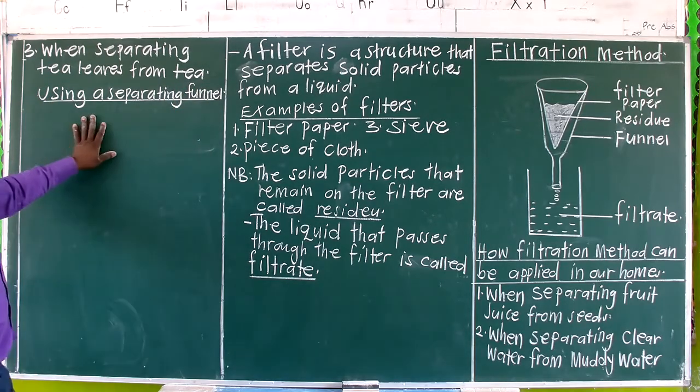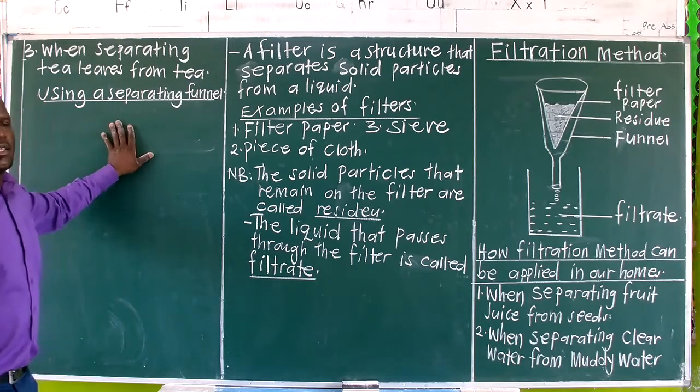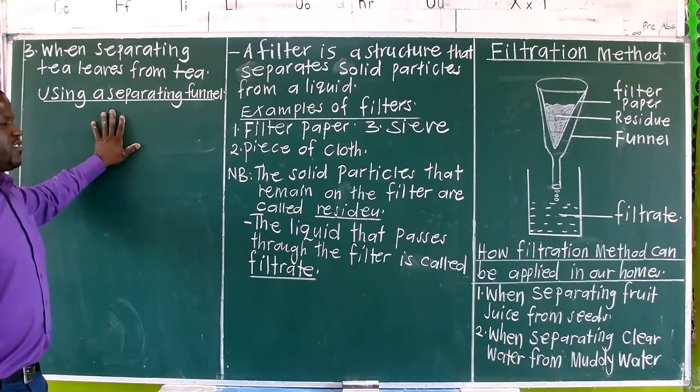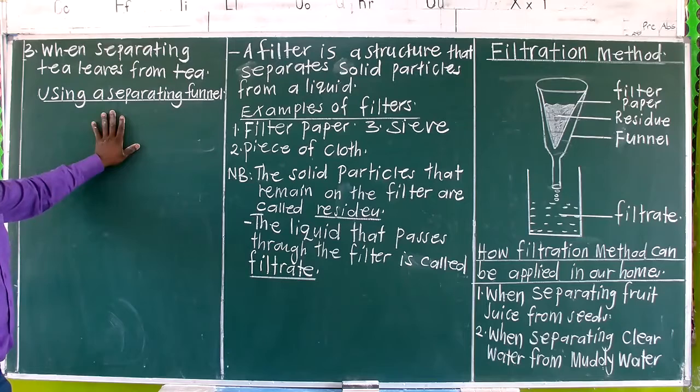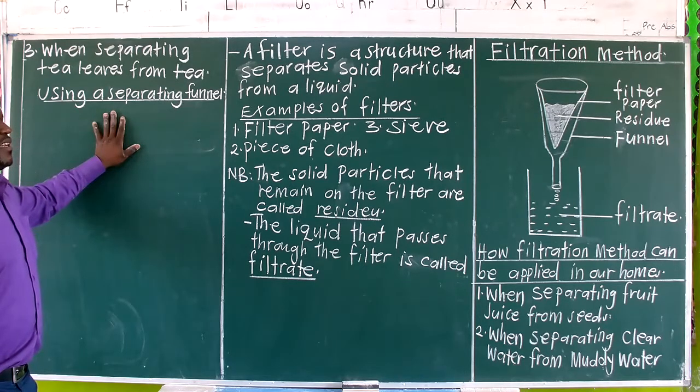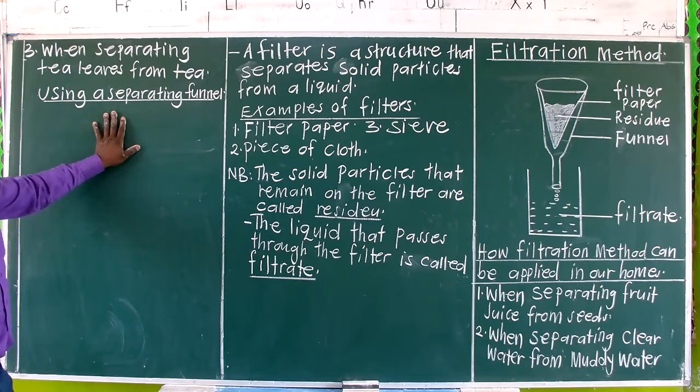Now, using a separating funnel, this method can be used to separate oil from water or water from oil. So it is a method used to separate liquids that cannot mix.